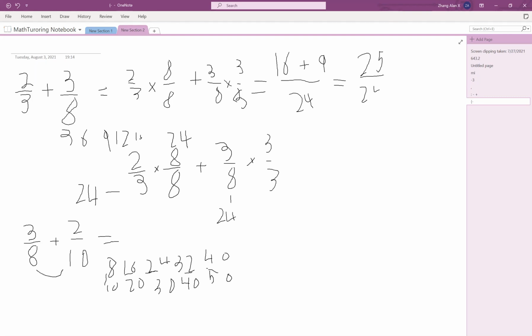Yeah, 40. So we have to change these two to 40. So what would we times 3/8 by to get the denominator to 40?